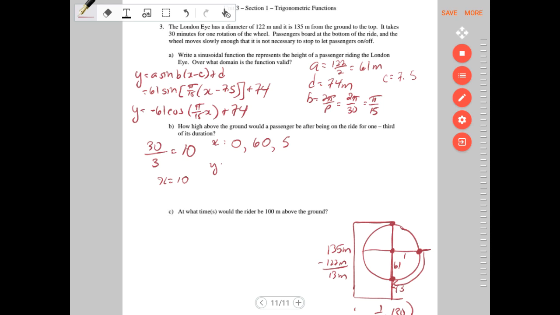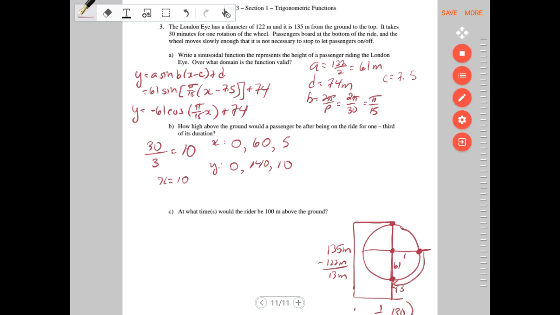And your y, again, start at 0. You probably want to go to about 140 because we know it's 135 from the ground at the top, so that should fit in. And you probably want to scale it at about 10 for your scale there.